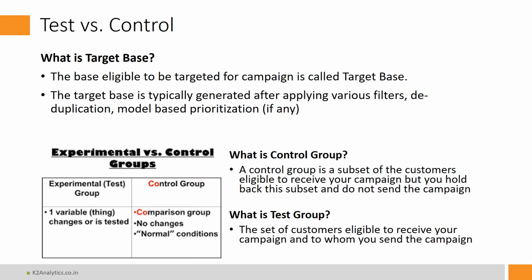And the reason why, Ritika, we keep a control and don't send the campaign is that this is what is used for net uplift modeling. If we don't send a campaign to a control group, that becomes my baseline.